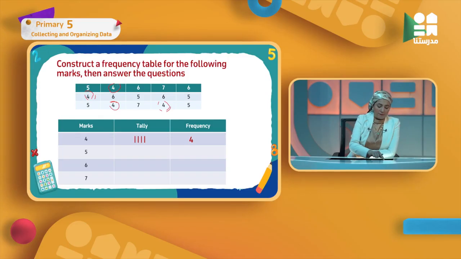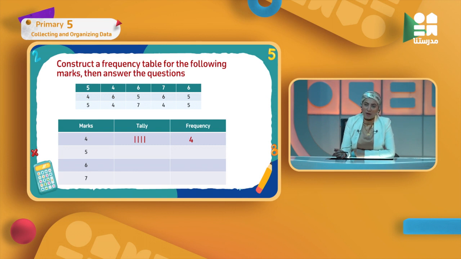Now 5. How many times was the mark 5 there? I have 1 in the first row, I don't have another 5. Second row I have the mark 5 2 times. Third and last row I have the 5 also 2 times.